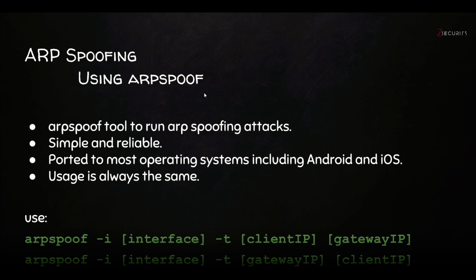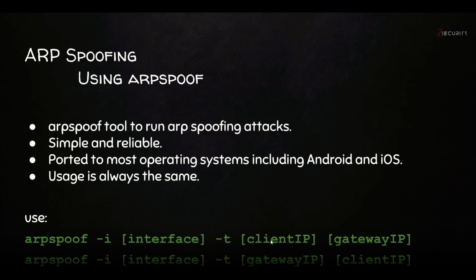So, ARP spoofing using arpspoof. We did it in the last video. We have to run arpspoof -i interface -t client IP and then gateway IP. Here you have to write, for example, if you are connected using the NAT network, eth0.